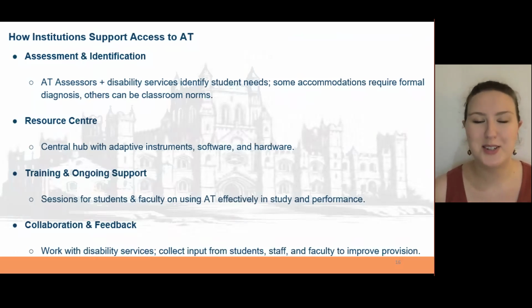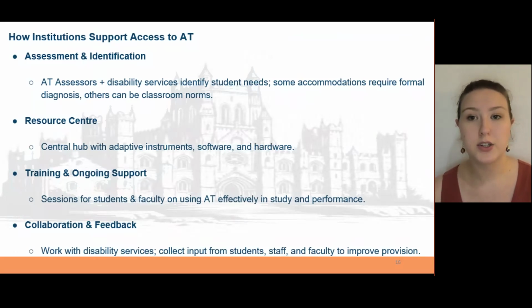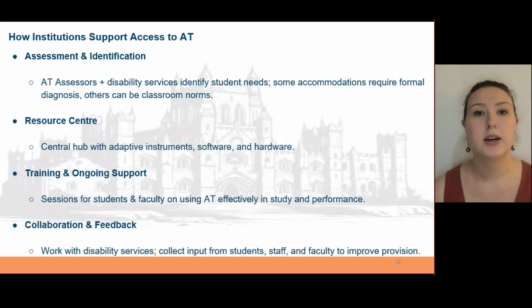How institutions support access to AT. First of all, usually through an assessment and identification process. AT assessors and disability services will identify the student's needs, and some accommodations require formal diagnosis, but others can also be just part of classroom integrated norms. If there are AT that are very useful overall, these can be included into the classroom norm without requiring the full formal diagnosis and so on.